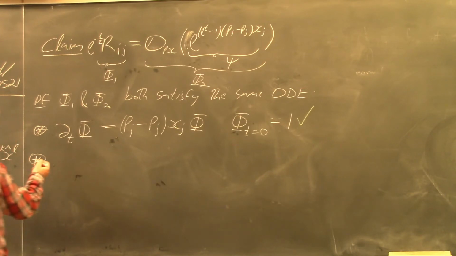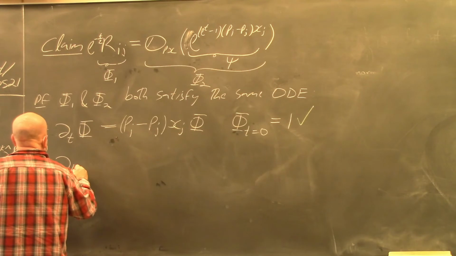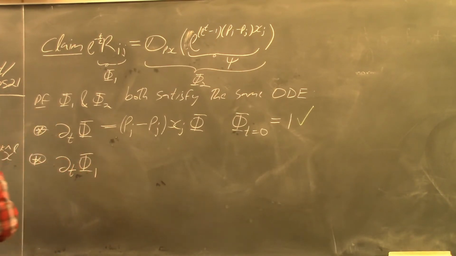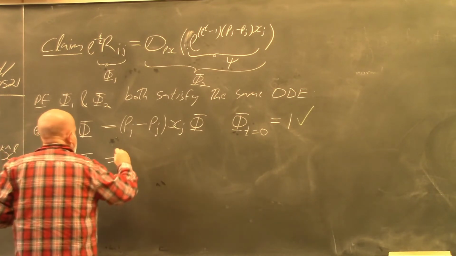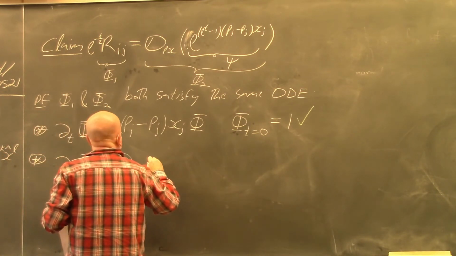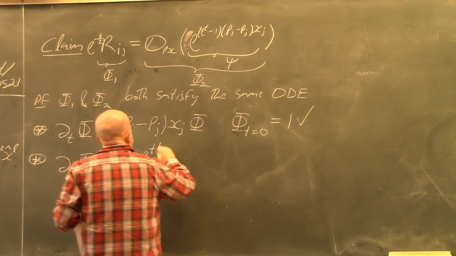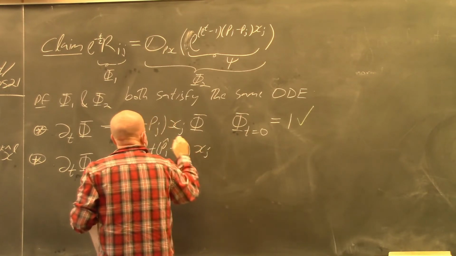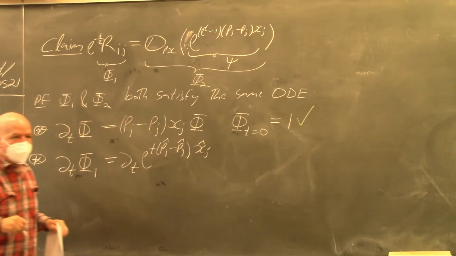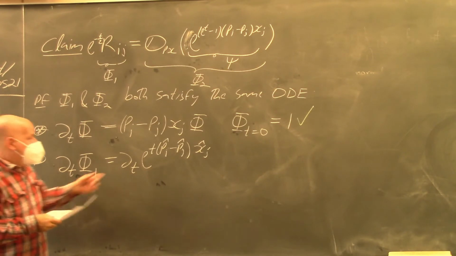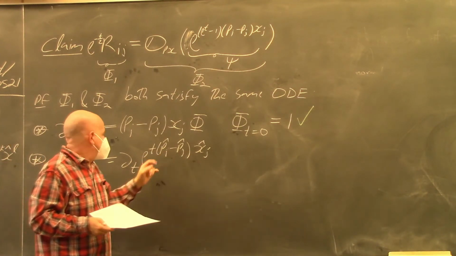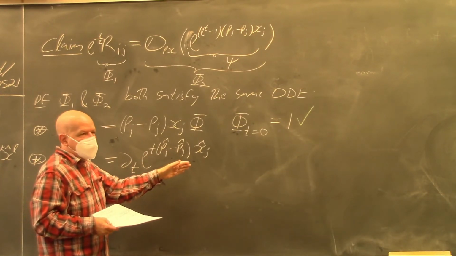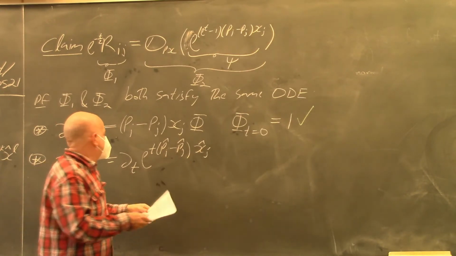So all I have to do is to compute the derivative with respect to t of phi 1. But this is the derivative with respect to t of e to the t pi minus pj xj. This is all in a non-commutative world. But it doesn't matter. Exponentiation is defined so that the derivative is the normal derivative of an exponential function.